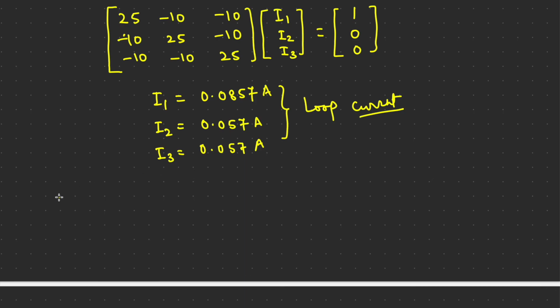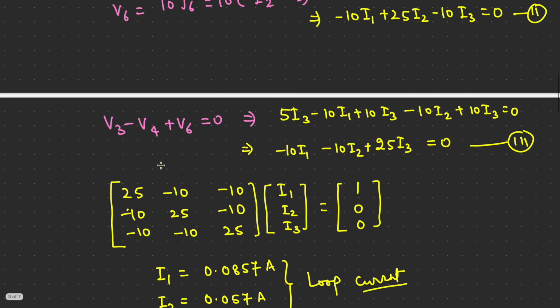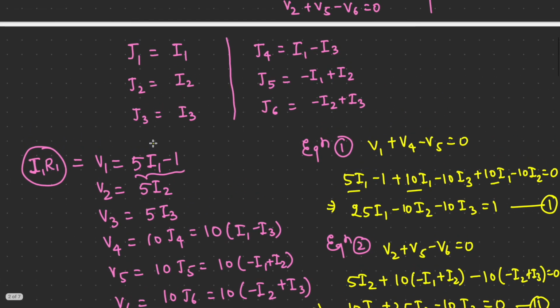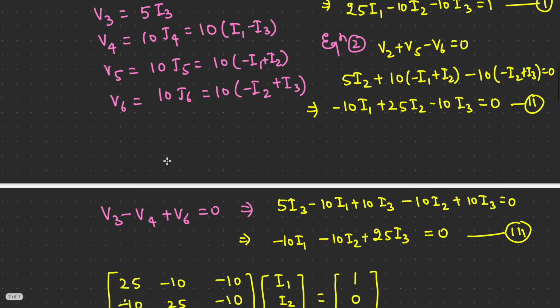If you are interested in finding branch currents, we can find them using the values we have already written above: J1 will be I1, J2 will be I2, J3 will be I3.